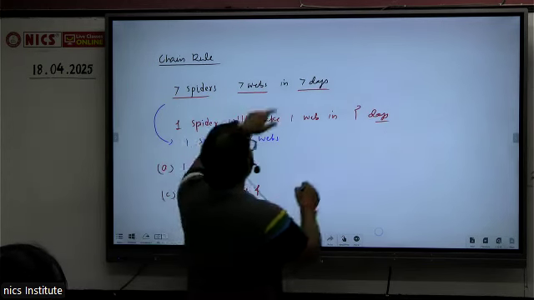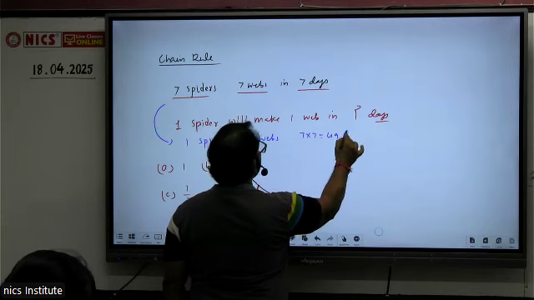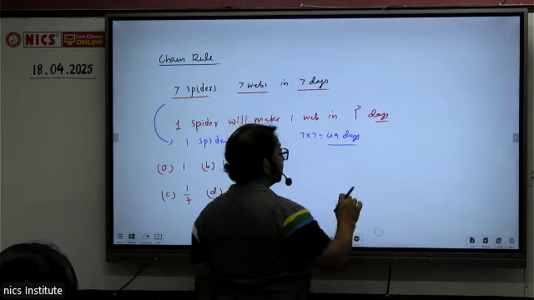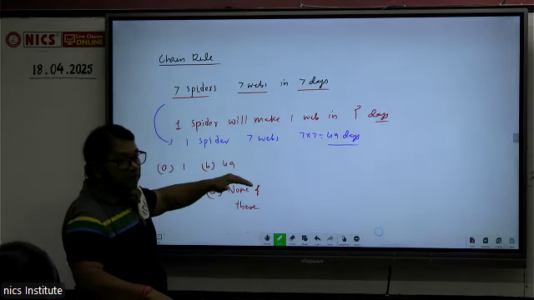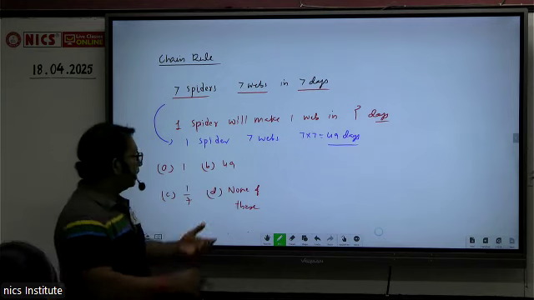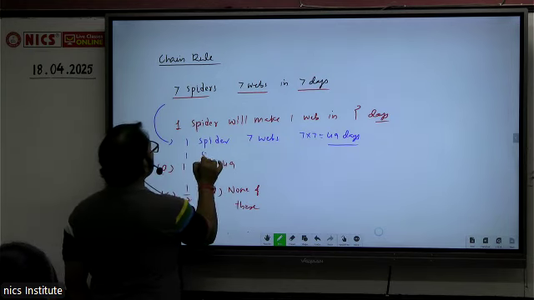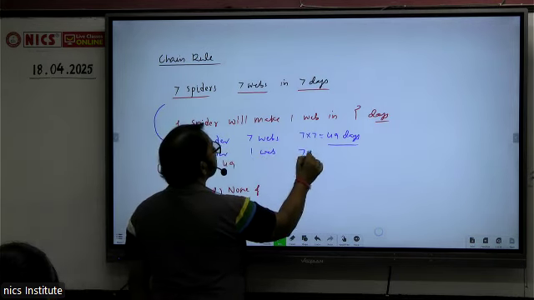So this 7 will multiply over here. So one spider will take 49 days to make 7 webs. Now, if I decrease the webs, will days increase or decrease? Decrease. So one spider will make one web in how many days?